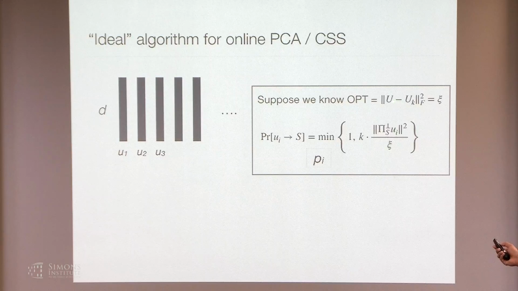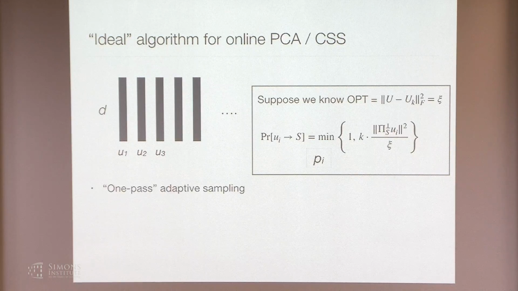Every time a column shows up, you add it to this subspace, taking the span of the original space plus this column, with probability proportional to k times the projection that ui had orthogonal to the subspace so far, divided by this number xc. This is a very natural choice, and let's call this number pi. This is for the column ui. This is the probability of adding. Pi depends on what S we had so far.